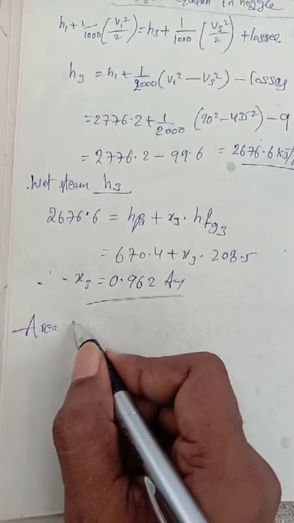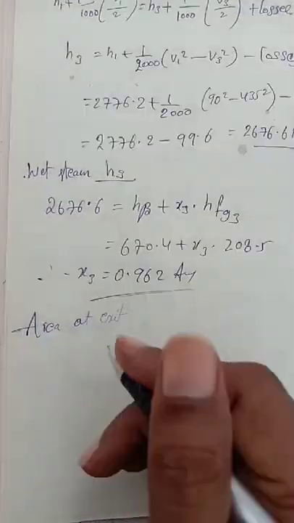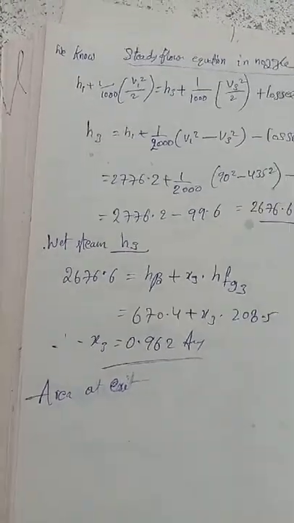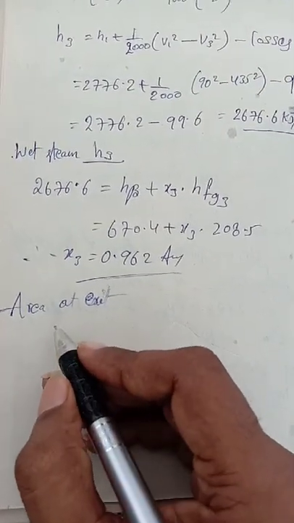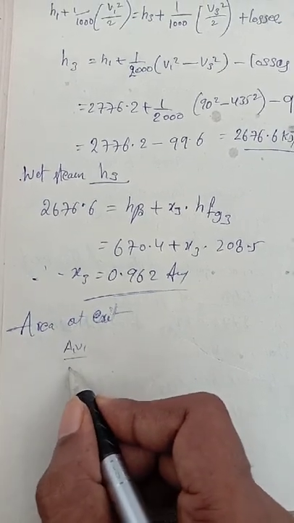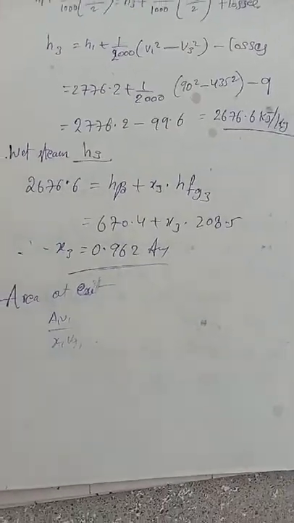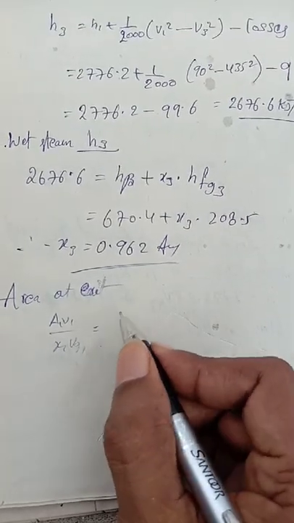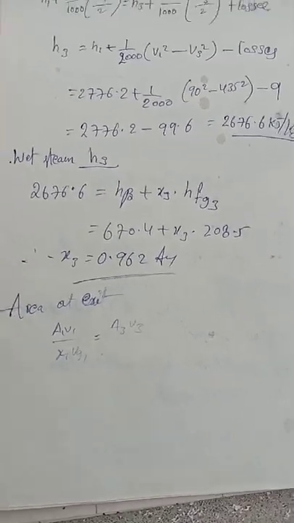So now we go for the area at the exit. For the area at the exit, we know the equation A1 V1 divided by x1 vg1 is equal to A3 V3 divided by x3 vg3.